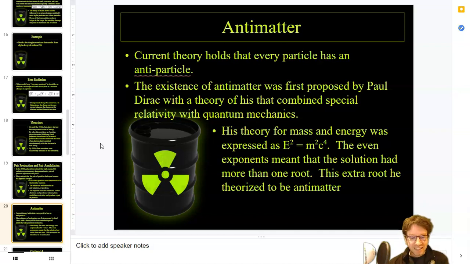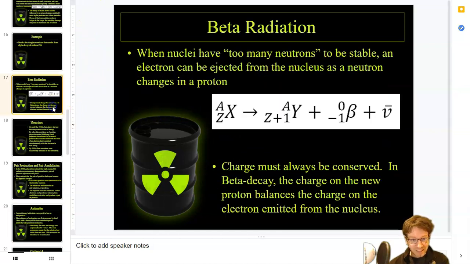And then, like I said, it was discovered. And what we have in our example here with beta decay is whenever we have a beta decay, or I should call this a beta minus decay, where we get an electron shot out of the nucleus, we also get an anti-neutrino shot out from the nucleus.